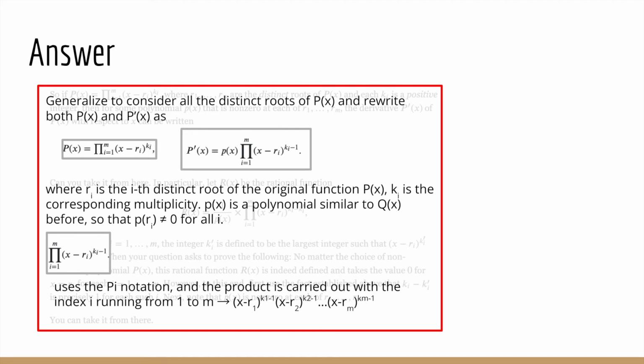P(x) here is simply the product of all roots, counting repeated multiplicity, and p'(x) is only different from p(x) with k replaced by k minus 1, and small p(x) works just like q(x) in the previous discussion, so that small p(x) is not equal to 0 at the roots of big P(x).